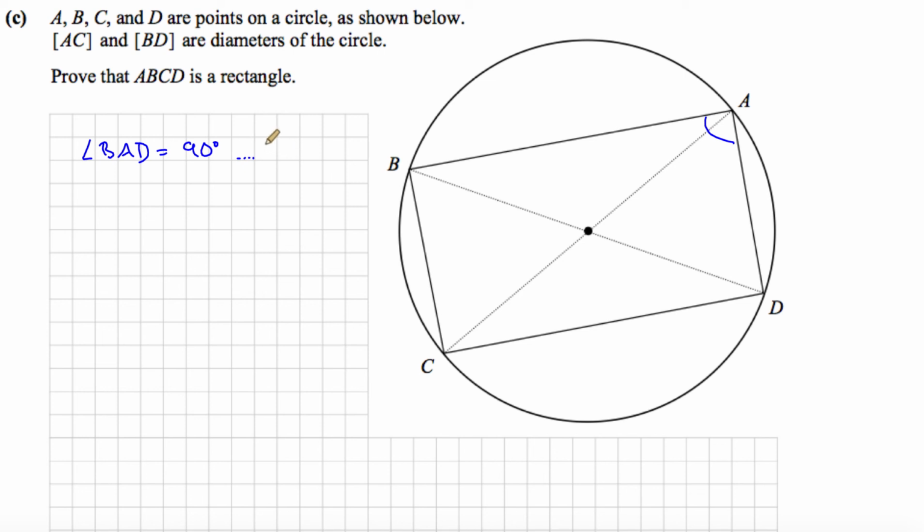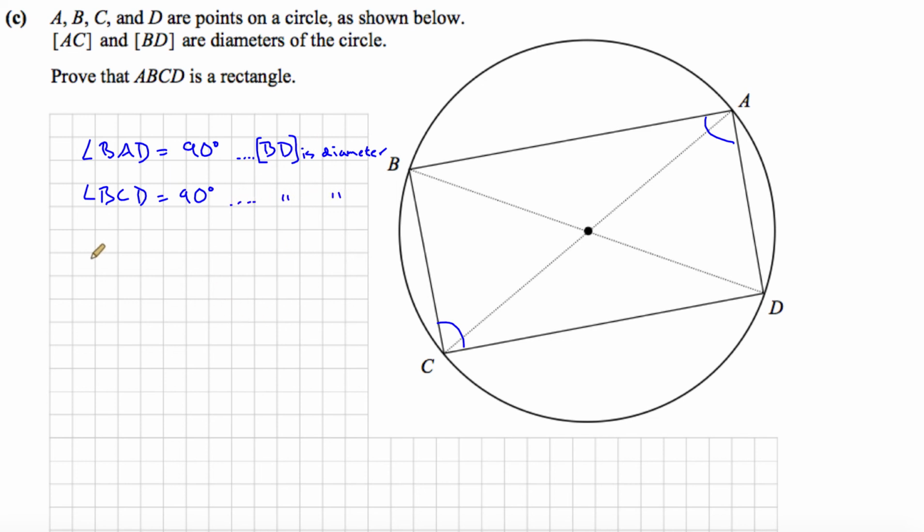So because BD, as was given in the question, is a diameter. Similarly, we can say that BCD is 90 degrees on the other side for the same reason.